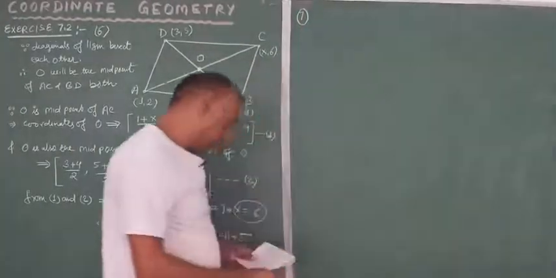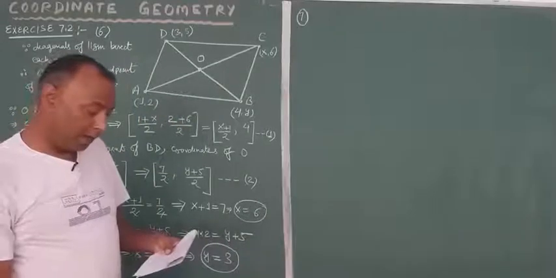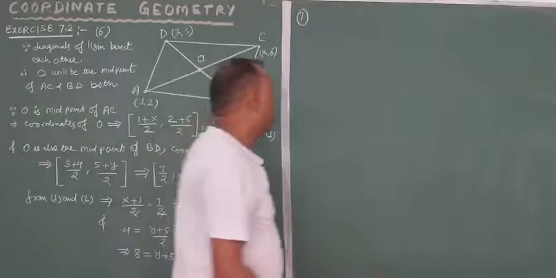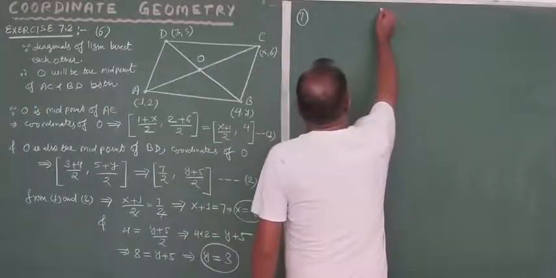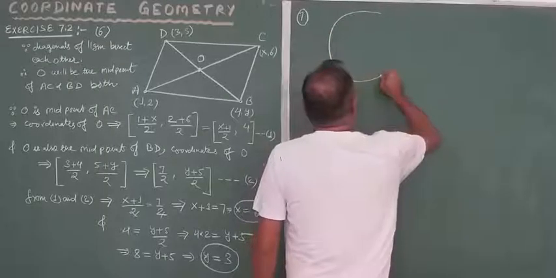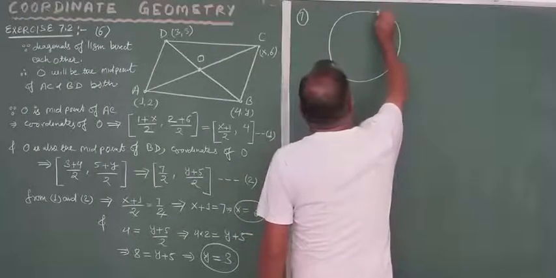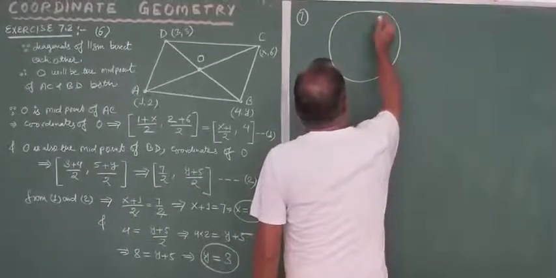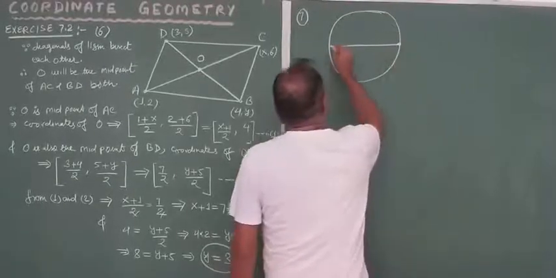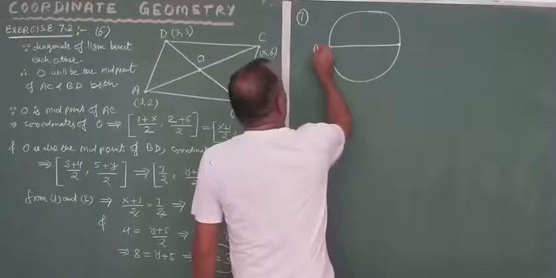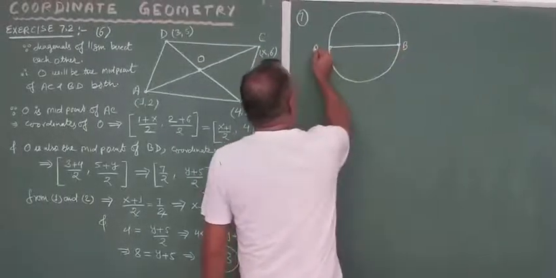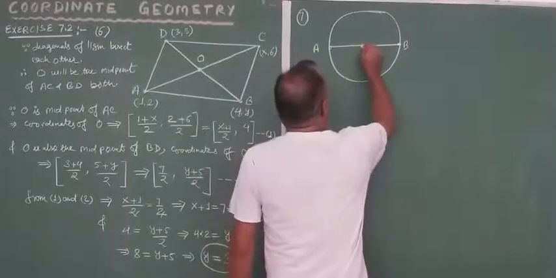Now this is question number 7. Find the coordinate of a point A where AB is the diameter of a circle. This is point A and this is point B. AB is diameter of circle. Let O be the center.